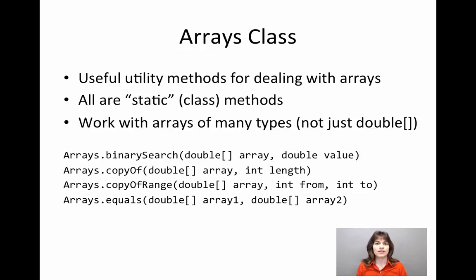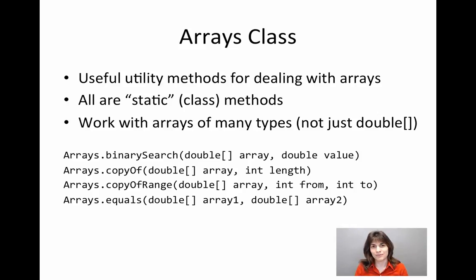This time with Arrays.equals we will supply both of the arrays that are to be compared in parentheses as arguments. It will return true only if the arrays have exactly the same elements in exactly the same order. So if the arrays have the same length and then at the corresponding index they have equal elements.